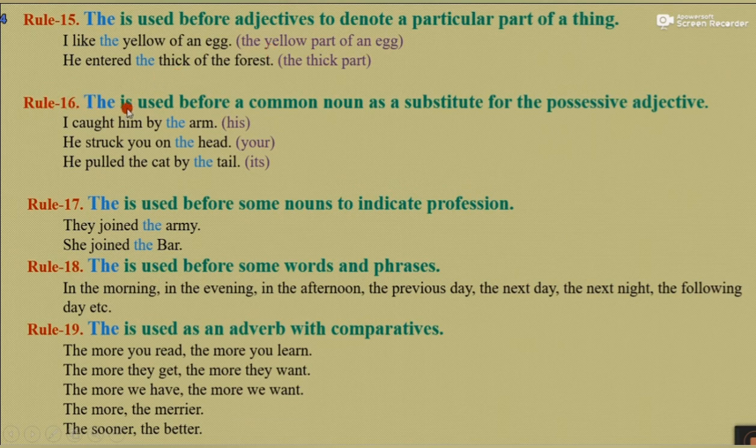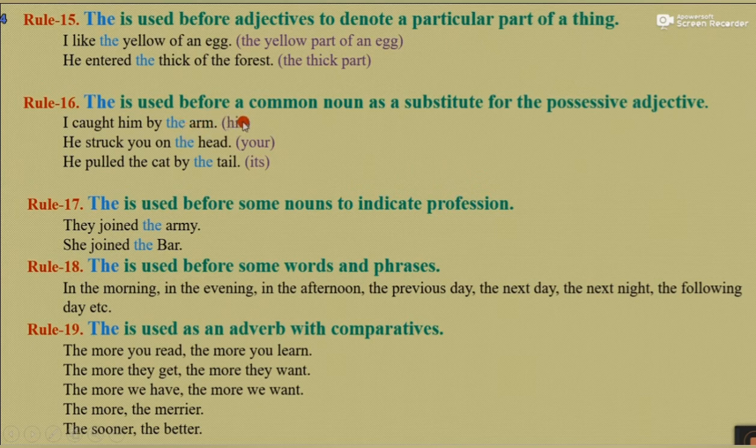Rule number 16. The is used before a common noun as a substitute for the possessive adjective. So if we use a common noun for a possessive adjective, we must use the. I caught him by the arm.